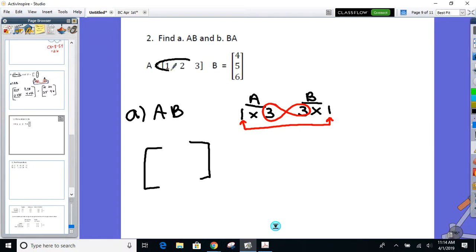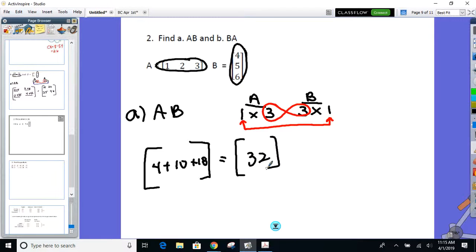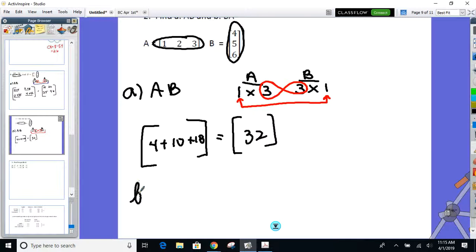There's only one row times that one column. 1 times 4. 2 times 5. 3 times 6. Add them up. 32. There it is. Row times column gives you just one entry. Mind's blown now.